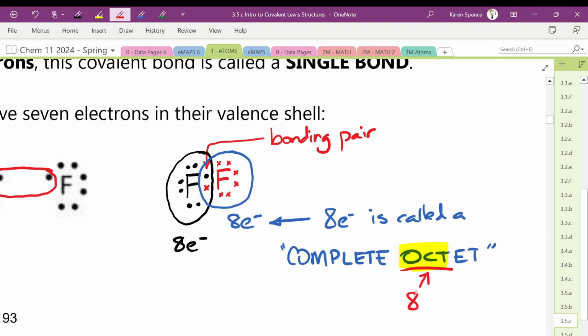Most atoms need a complete octet to be stable.